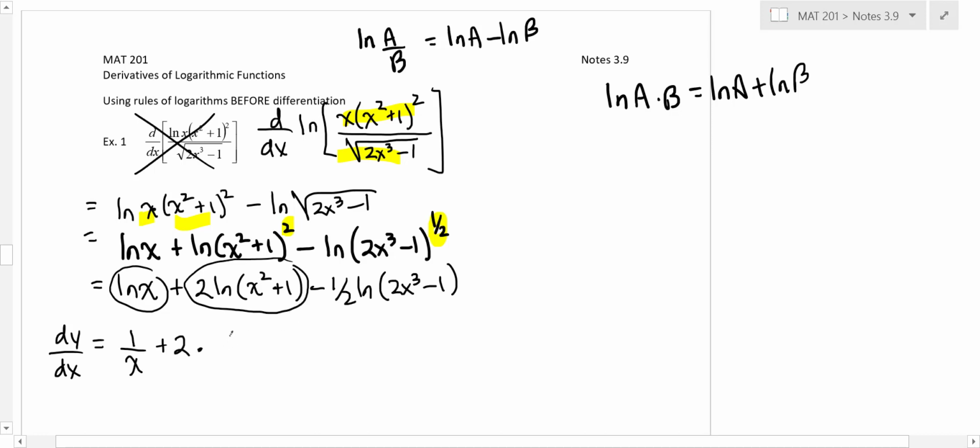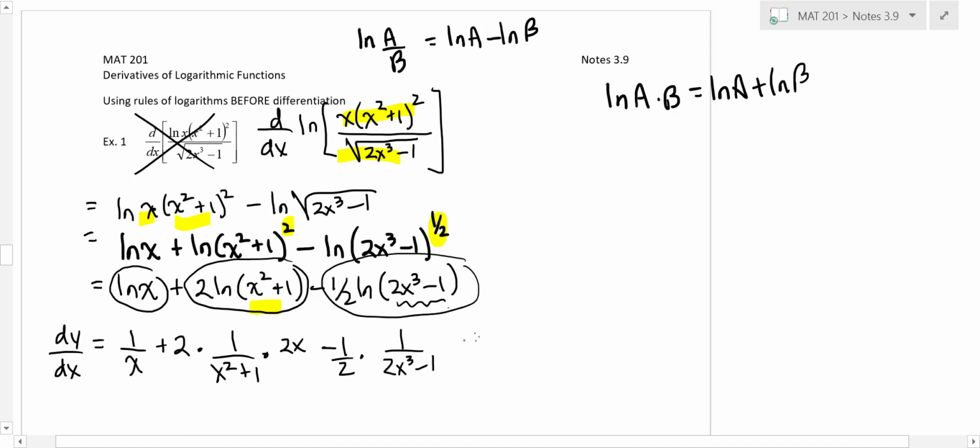You're going to do 1 over the function times the derivative of the function, which I'm just going to do in my head, which is 2x, right? Then you've got the minus 1/2. Same thing, 1 over the function, times the derivative of that inside function, which is 6x squared. Everybody following what I'm doing there?